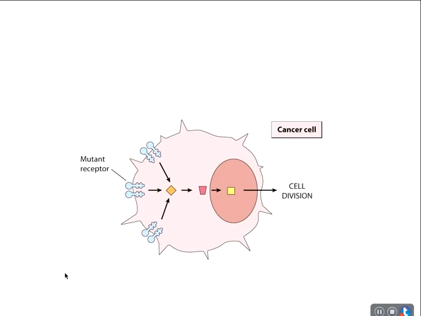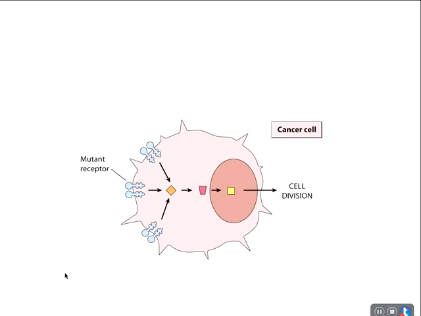Generally, that's a process where it's just self-signaling constantly. It doesn't need to wait for an external source of the growth factor. Or it could mutate some part of this signal transduction cascade. Anywhere in there, if it mutates those proteins to become hyperactive, you have constant signaling. All of those are possible ways for a cancer cell to get around the need for outside signaling.